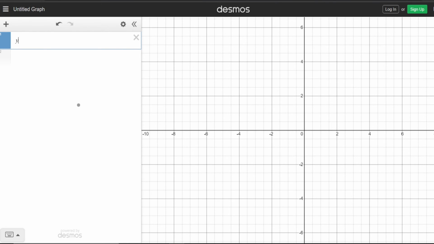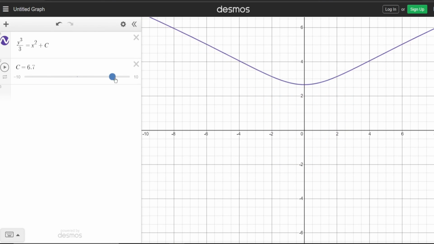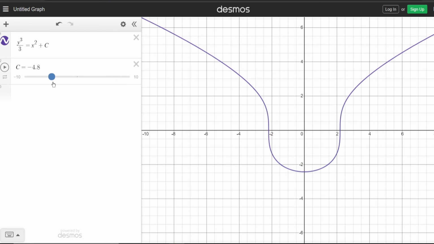So we had y cubed divided by 3 is equal to x squared plus a constant. And we will add the slider c, and see this is our family of curves. Varying c gives us different shapes that are somewhat similar.